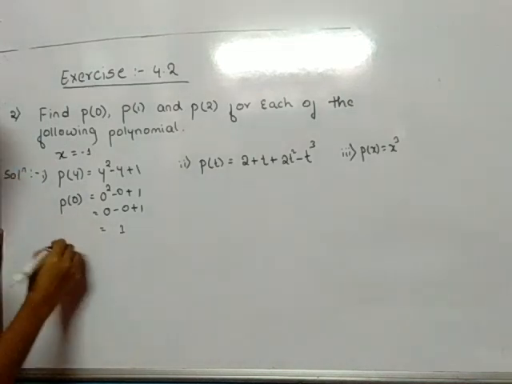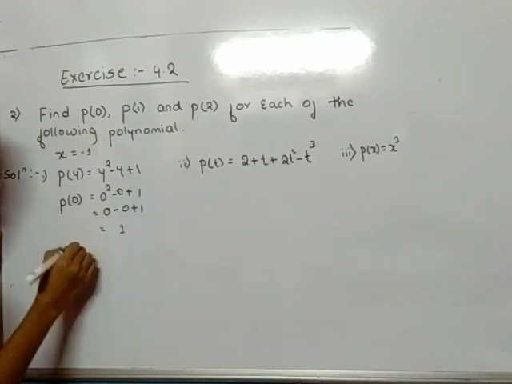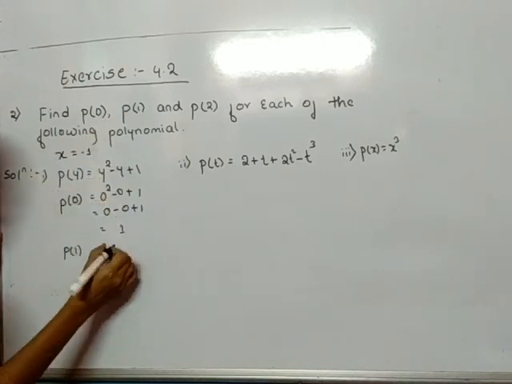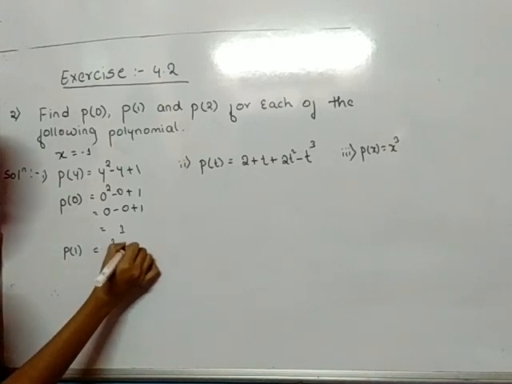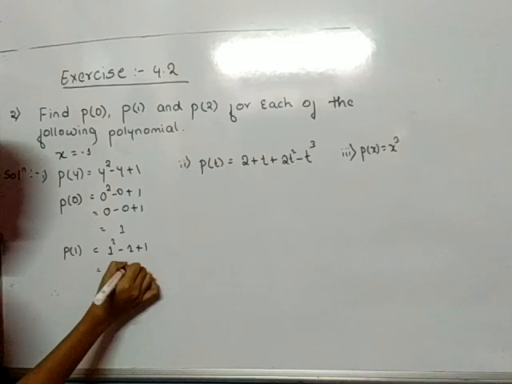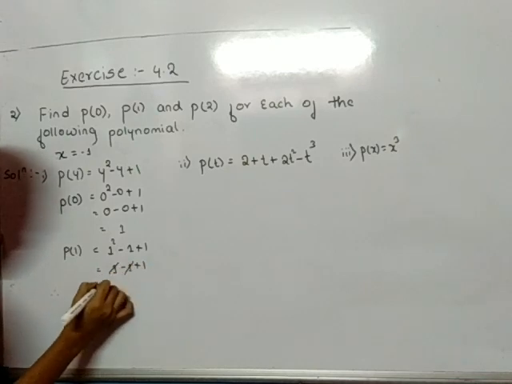Right? Similarly for P of 1, in place of y, substitute 1 there. 1 squared minus 1 plus 1, right? 1 square means 1, minus 1 plus 1. Plus 1 minus 1 cancel, remaining is only 1.